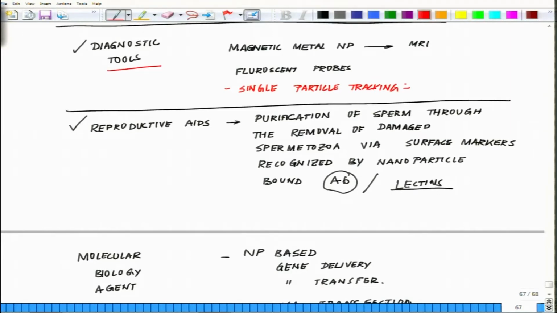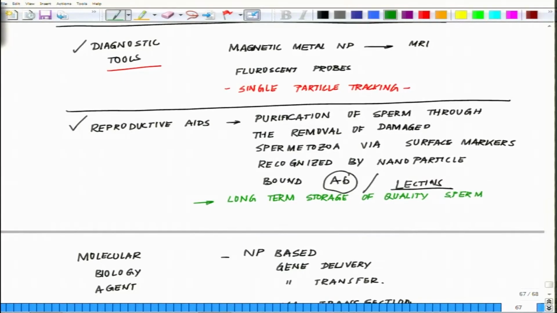Then you have a lot of reproductive aids, such as purification of sperm through the removal of damaged spermatozoa via surface markers recognized by nanoparticles. Similarly, there is another area that is exceptionally important, especially in modern animal production: long-term storage of quality sperm.